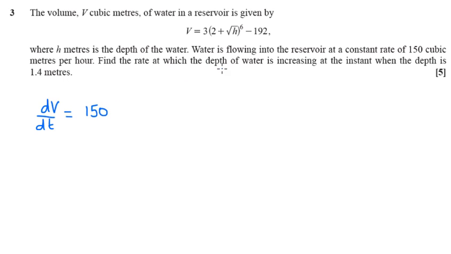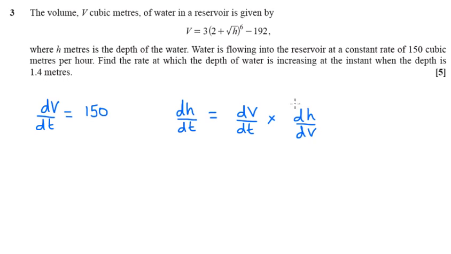It wants us to find the rate at which the depth is increasing. So we're looking for dH by dt. dH by dt is going to be equal to dV by dt times dH by dV, because these V's will cancel and we'll then have H on the top and T on the bottom.